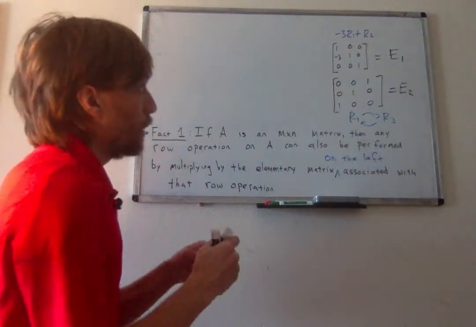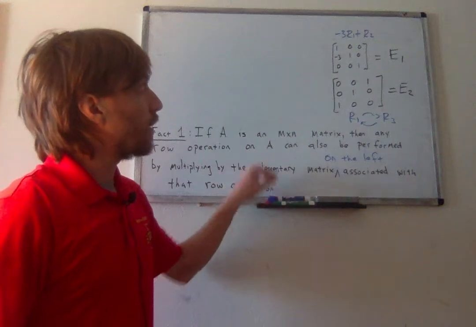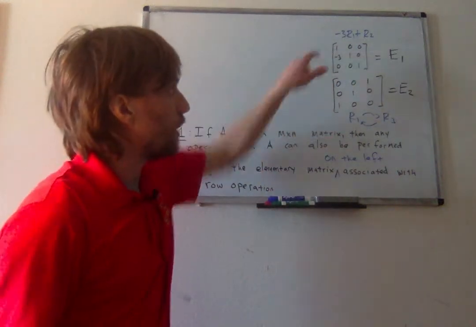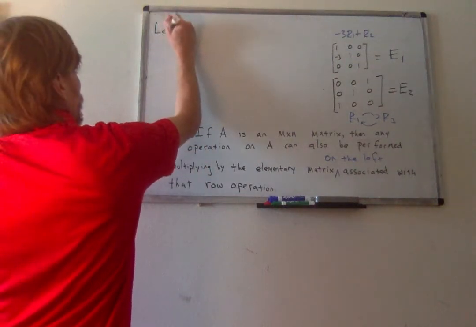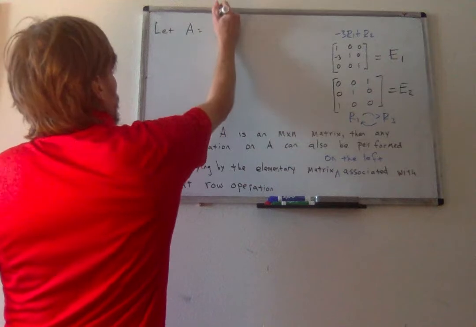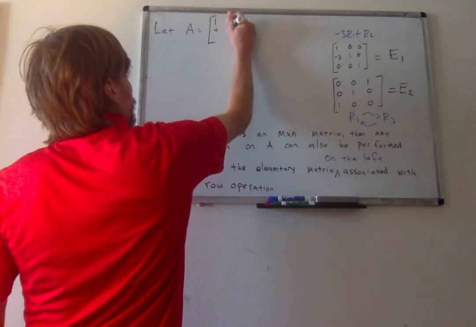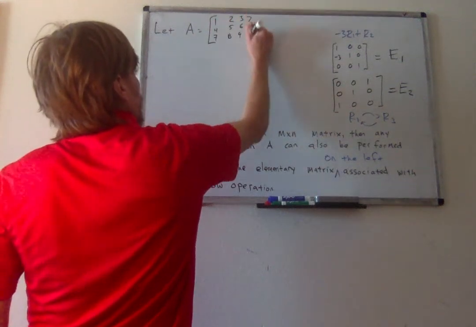So what I'm going to do is multiply A on the left by both of these matrices, and we'll verify that the matrix we get out was the matrix we would have gotten by doing each of these row operations. So we'll let A be my favorite example matrix, 1, 2, 3, 4, 5, 6, 7, 8, 9.